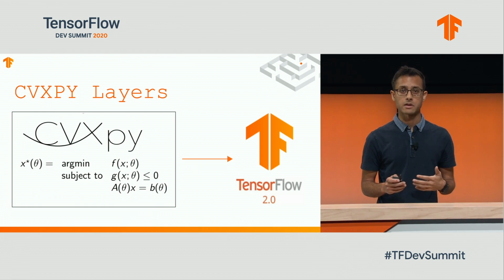In the forward pass of the layer, the parameters are taken as input. Then the forward pass solves the CVXPY problem and outputs a solution. The backward pass computes the gradient of the solution with respect to the parameters. And here's the upshot. Our software lets you learn the parameters theta in a convex optimization problem using gradient descent. And this automates what has traditionally been a very manual process.